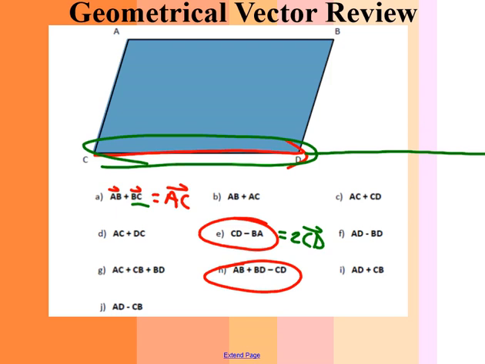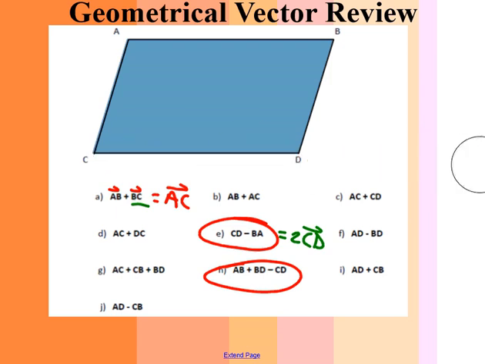Okay, on the other one, we'll get started anyway and see how far you are. AB, that's this. I'm going to make it red and change colors. Plus BD, that's this one. I better not use blue or I won't be able to see it. I'll use green. And that'd be simple if it stopped right there.